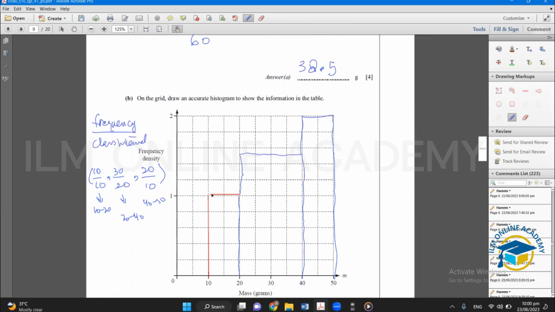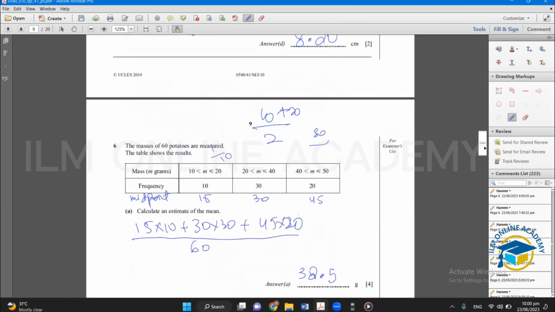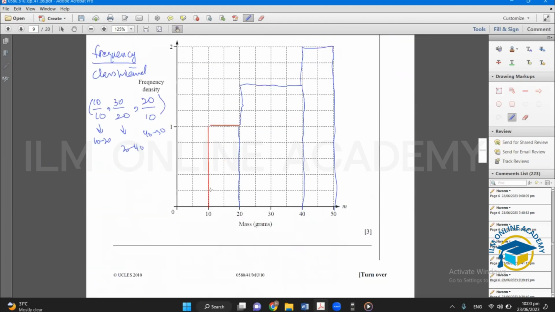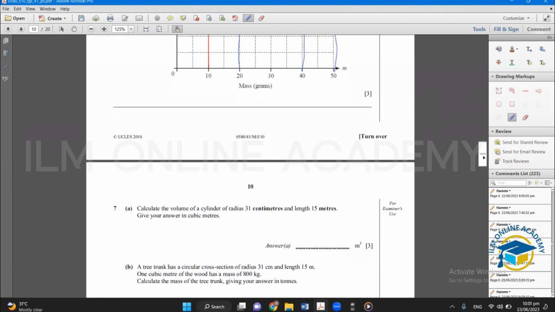So for the first bar, the range is between 10 and 20 with respect to 1, then 20 to 40 with respect to 1.5, and then 40 to 50 at 2. Okay, so that's the thing.